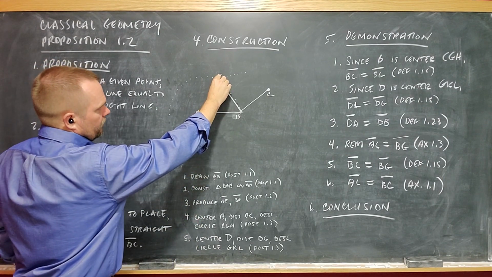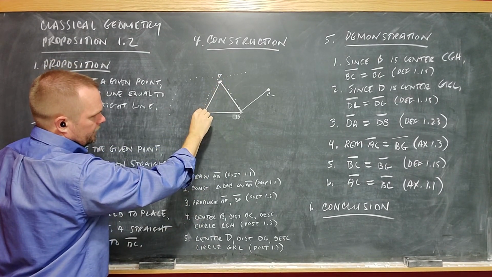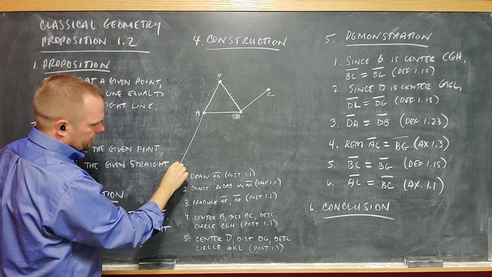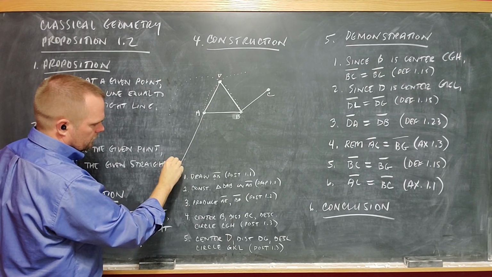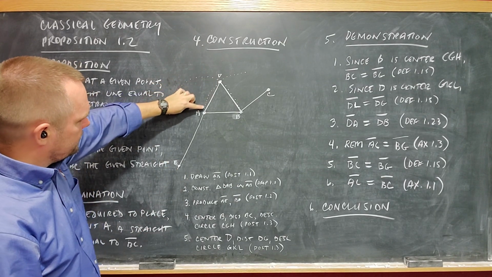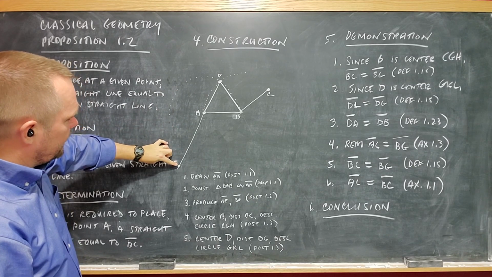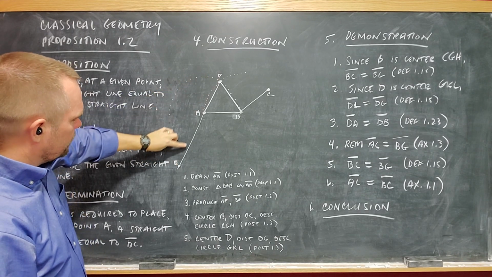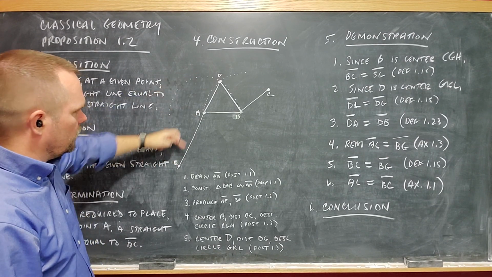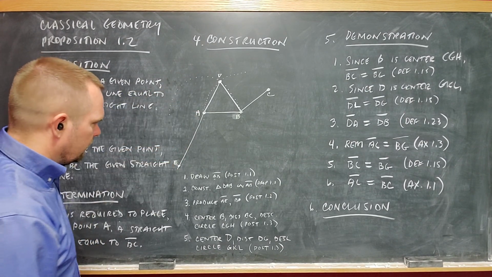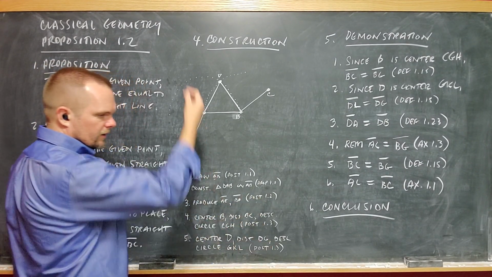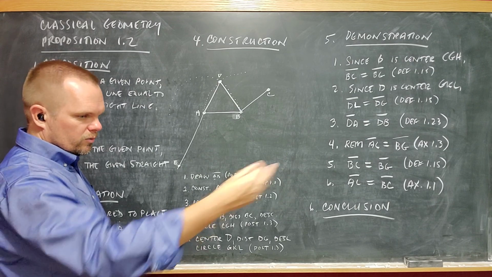So we're going to come from D through point A, extend that line, and we're going to say that this point is point E. So we've produced or extended line DA in a straight line, to produce, you can either say line DE or AE. And we're allowed to do that based on postulate 1.2, which tells us we're allowed to extend the line to a point.